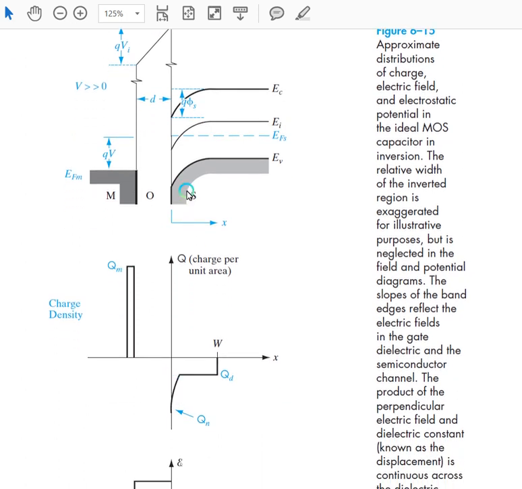And on the other hand, towards the substrate side or the semiconductor side, we'll have the inversion charge density denoted by Qn, and below that we'll have the depletion charge. So it appears in a MOSFET that at the interface we'll always have the inversion charge, and below the inversion charge we'll always have the depletion charge.